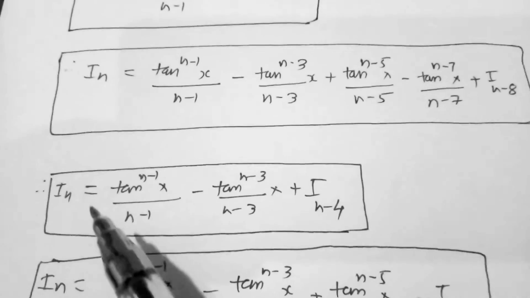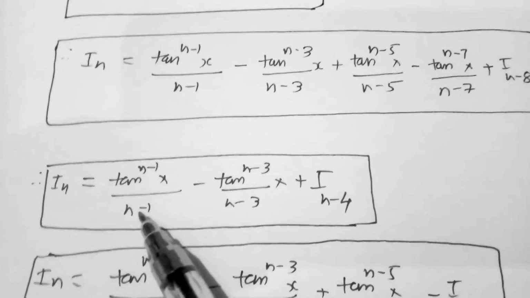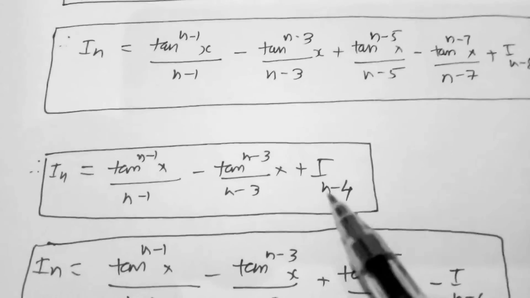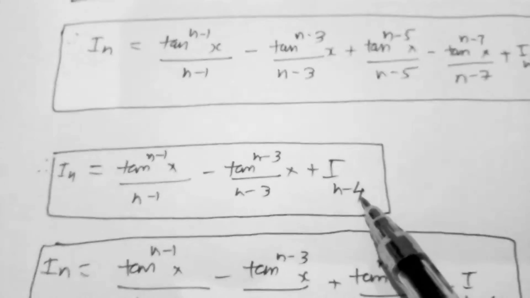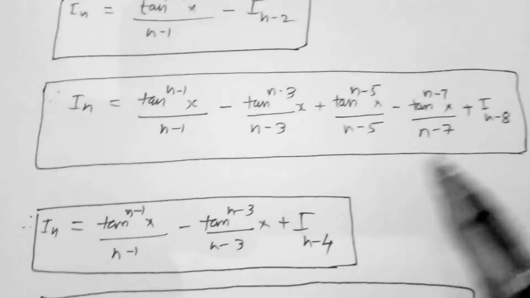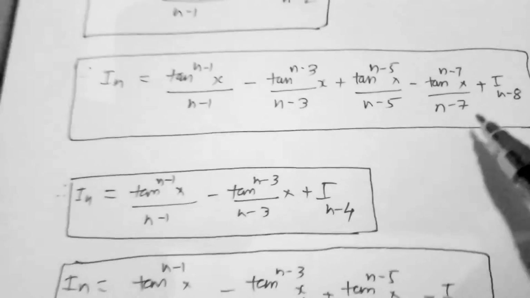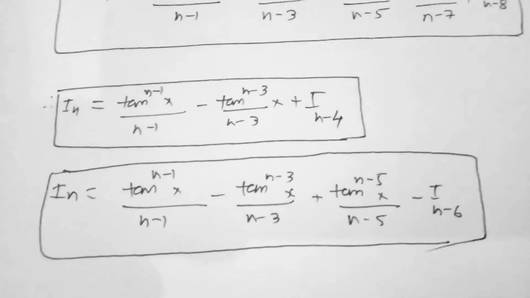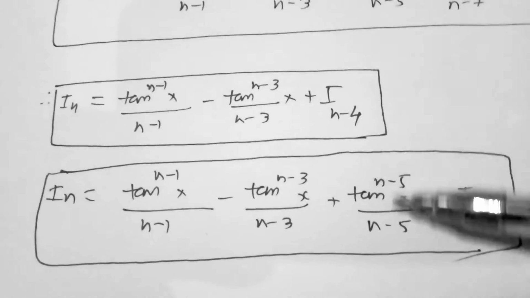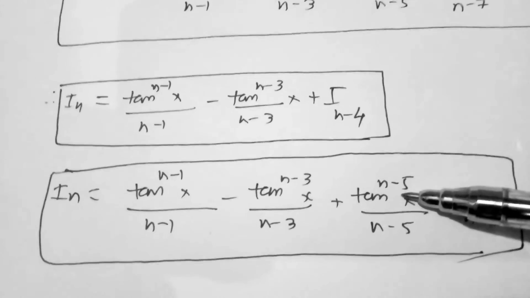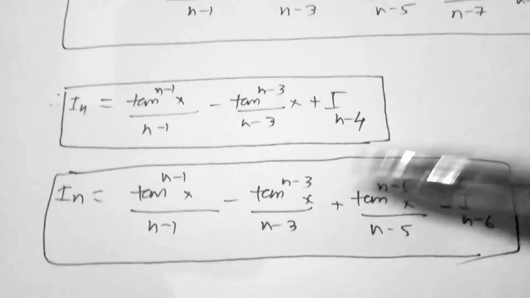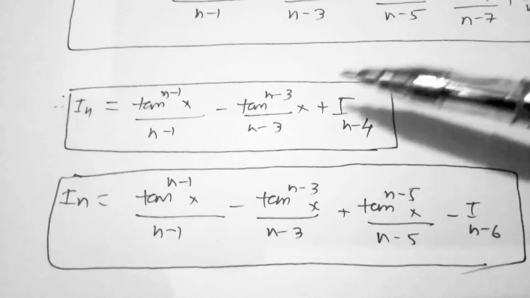Again we can see like that: tan to the power n minus 1 x by n minus 1, tan to the power n minus 3 by n minus 3, therefore I n minus 4. Okay, because we are interested up to this level only. And suppose that we want to continue up to the next step also. So this is n minus 1, n minus 1, n minus 3, n minus 3, no problem, n minus 5 and n minus 5, and as this is n minus 5, therefore I n minus 6, and because of that plus and minus. Okay, plus minus plus minus, here plus minus plus, and like that.